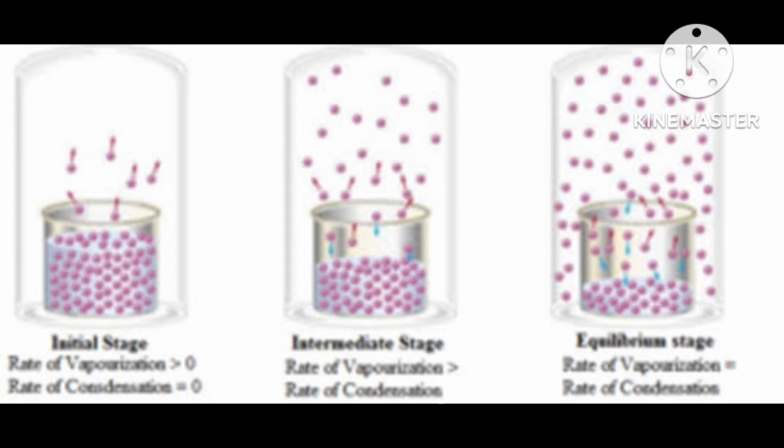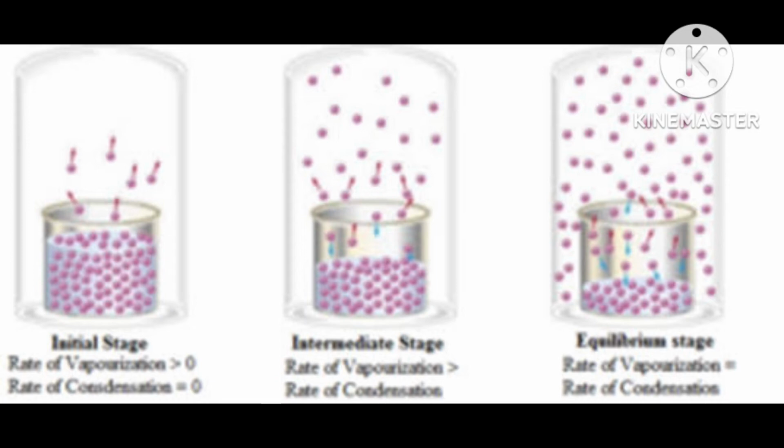The concentration of the solute in a solution depends upon the temperature. Already I told you, in a saturated solution, a dynamic equilibrium exists between the solute molecules in the solid state and the solution.